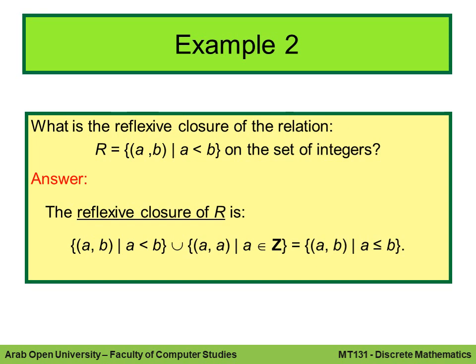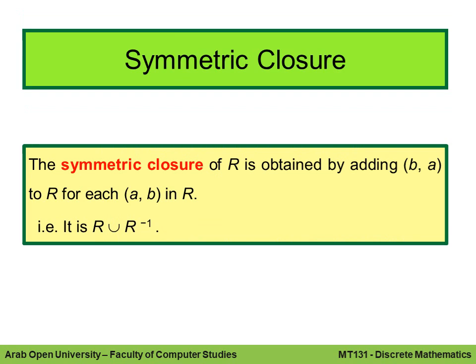The symmetric closure is done the same way. The symmetric closure of R is obtained by adding (b, a) to R for each (a, b) in R. And I check for every (a, b) in R, make sure that (b, a) is there. If it's not, then you add it. The result will give you the smallest possible relation that contains the original relation, but the closure now will be symmetric.